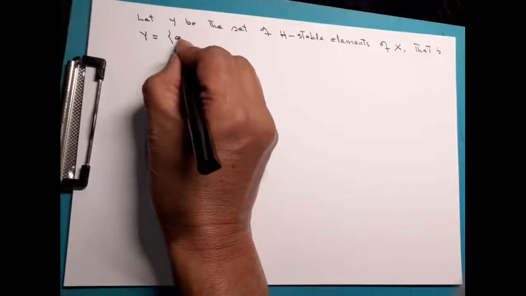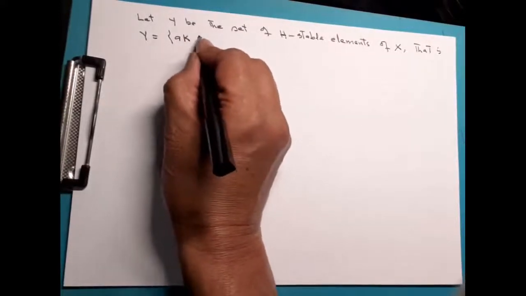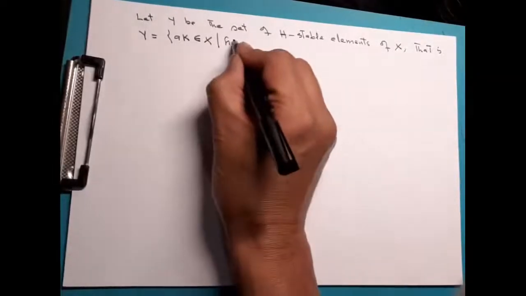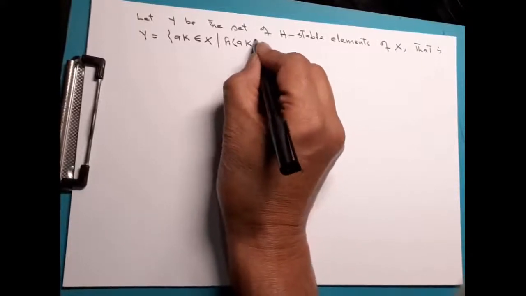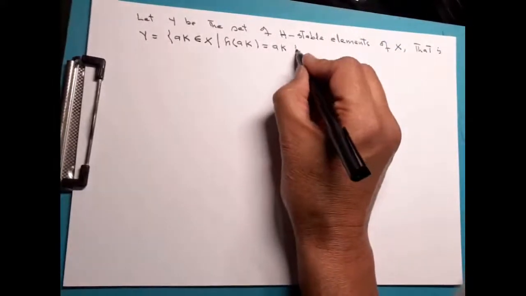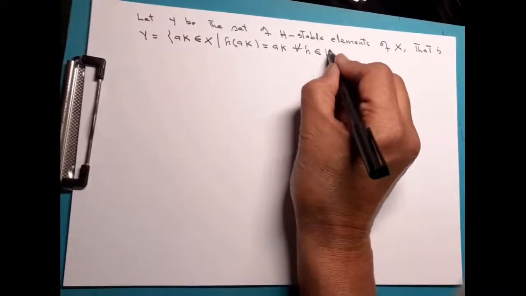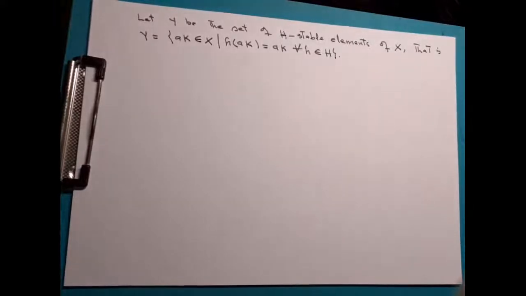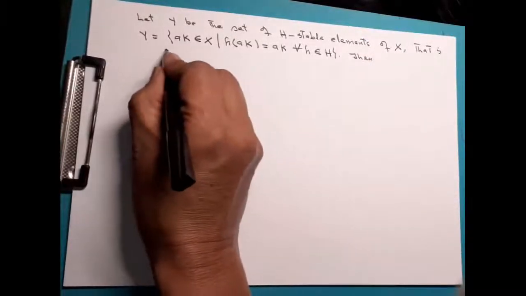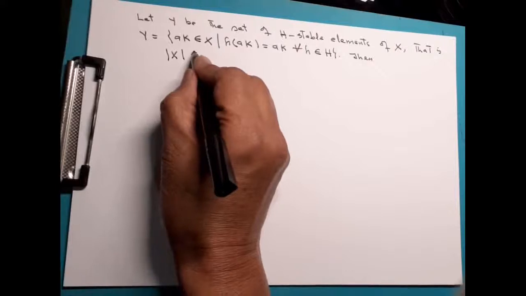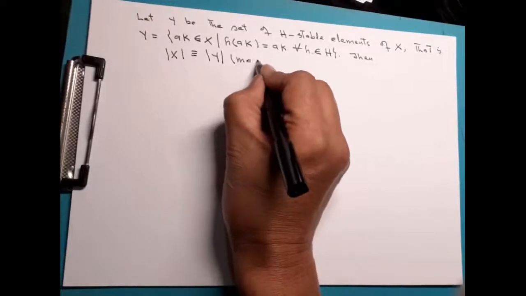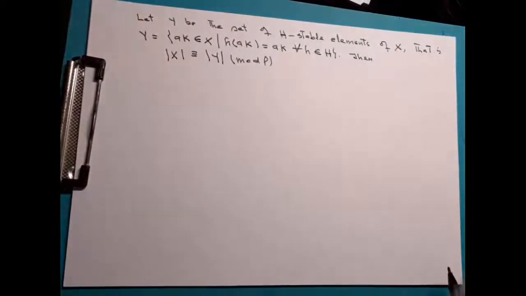So that is, those left cosets of K belonging to X such that when we act any element of h on aK we obtain aK, and this is for all h belonging to H. Then, as we have noted above, the number of elements in X would be congruent with the number of elements in Y mod P. We have noted this thing in the beginning.